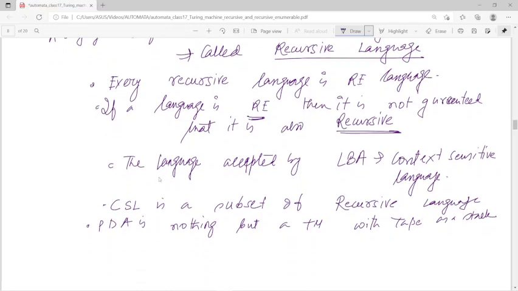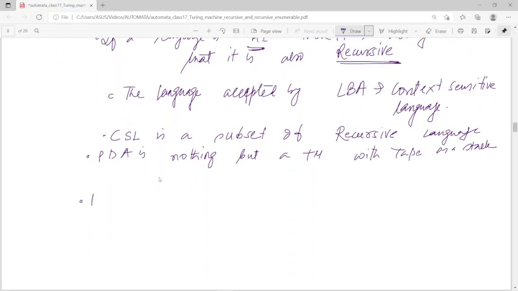And of course, every regular language is context free.